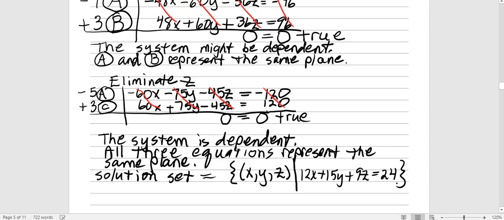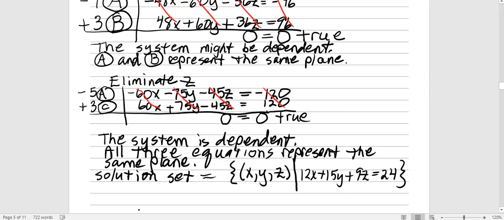In other words, whatever x, y, and z I choose has to make that equation true. I can basically pick two of the variables, and the third one will be determined by this equation. I have total freedom on two of the variables, and the third one will be determined.